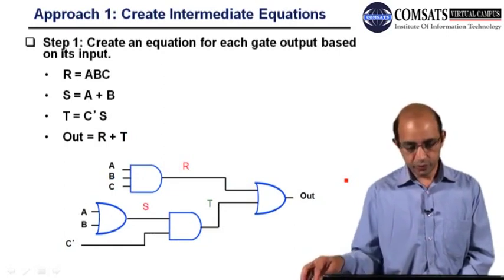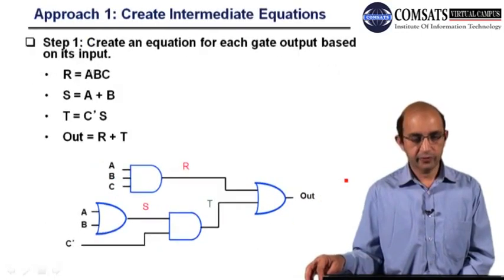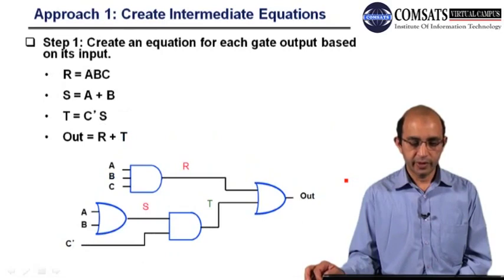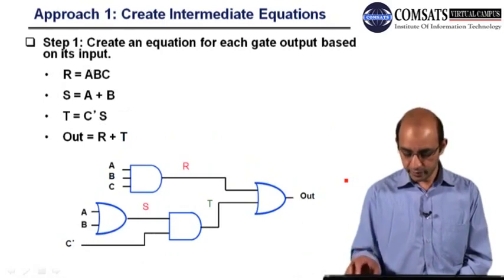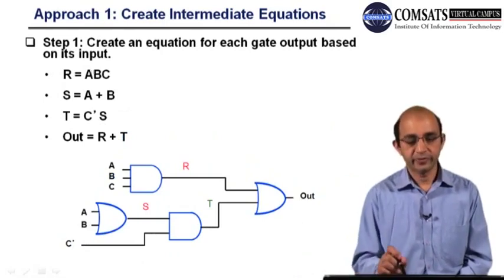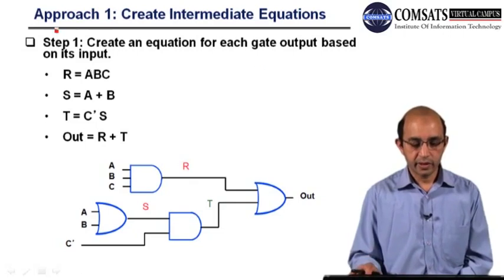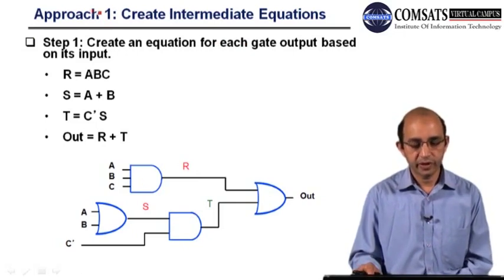Let's have approach 1. First we have labeled the gates. Now we are using a specific approach: we are creating the intermediate equations, so we are calculating the intermediate Boolean expressions. Here we have R, and you can see that we have the AND operation over here, so R is equal to ABC.